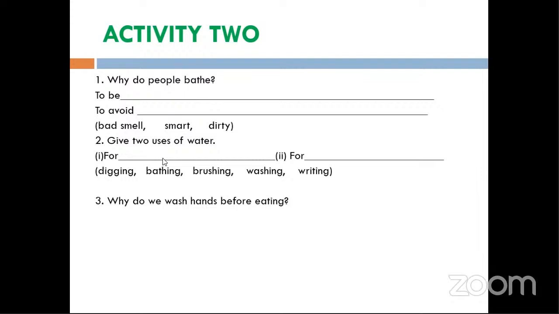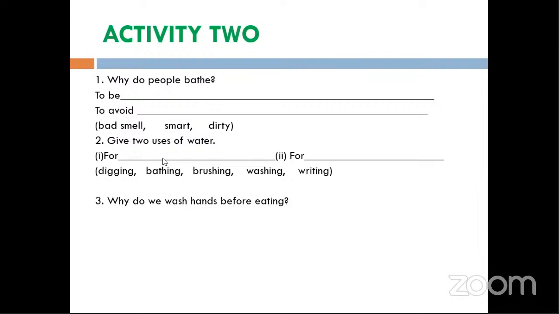Let's have another person. Mark, why do we wash hands before eating? To avoid diseases. To avoid diseases, correct? What about Nathan?